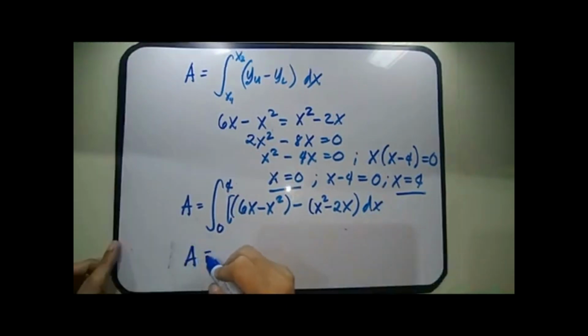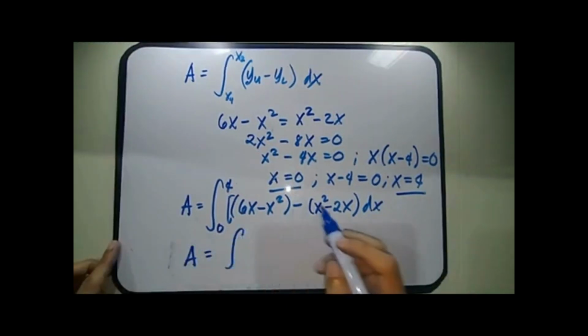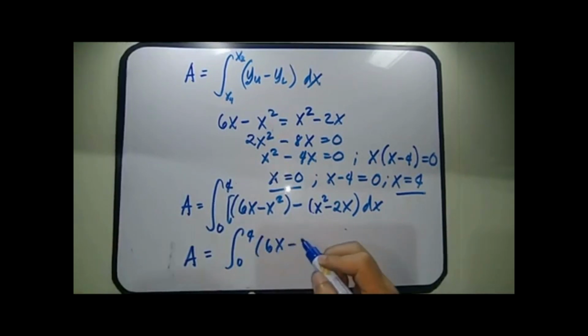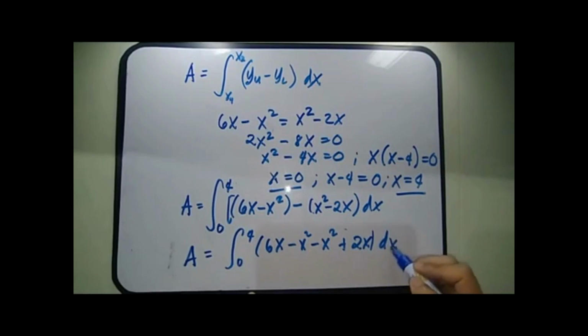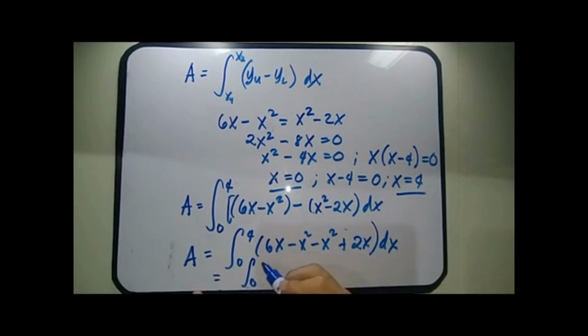So area is, we have this 6x minus x squared. So minus x squared, negative times negative, that is positive. So plus 2x. Then we simplify. So the definite integral of, we have here 8x minus 2x squared from 0 to 4.